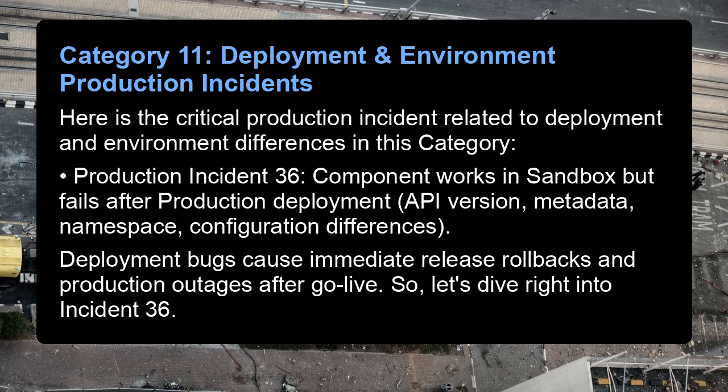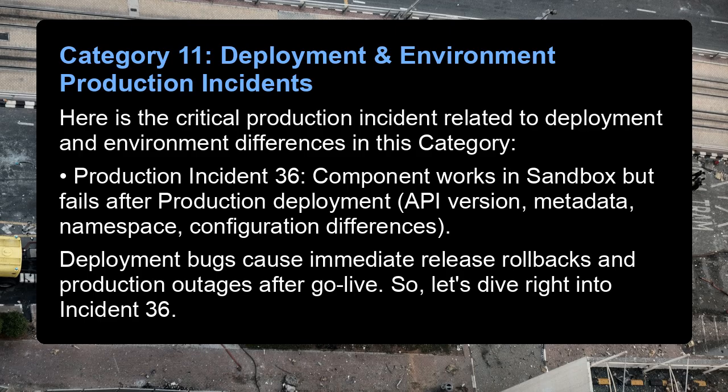Category 11, deployment and environment production incidents. Here is the critical production incident related to deployment and environment differences in this category. Production Incident 36. Component works in sandbox but fails after production deployment: API version, metadata, namespace, configuration differences.